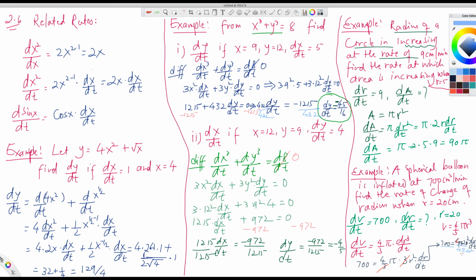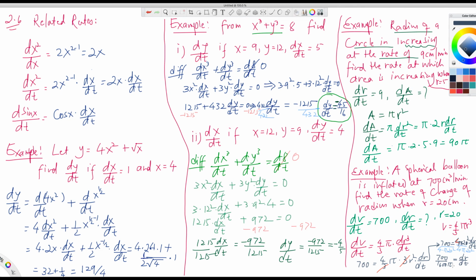So what do you get? 20 squared is basically 400, right? 4 times 400 is 1600, right? So you will basically get 700 over 1600 pi equals dr over dt.